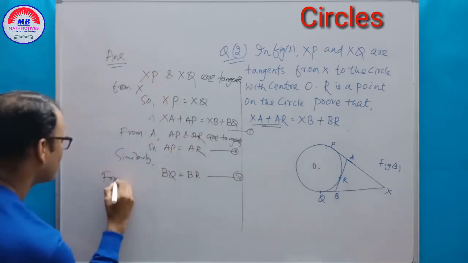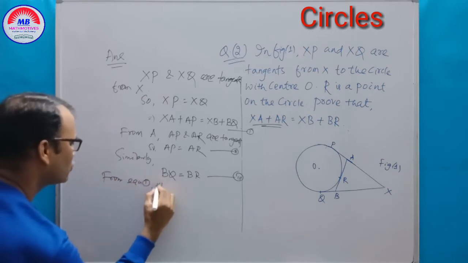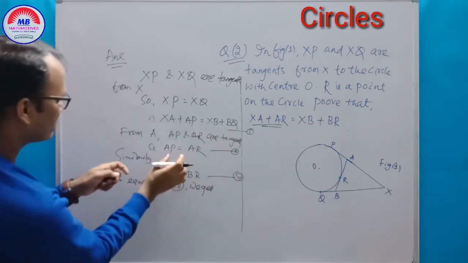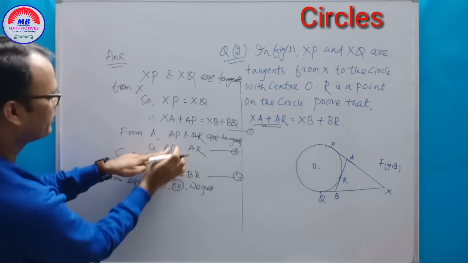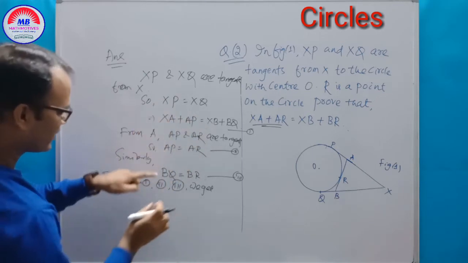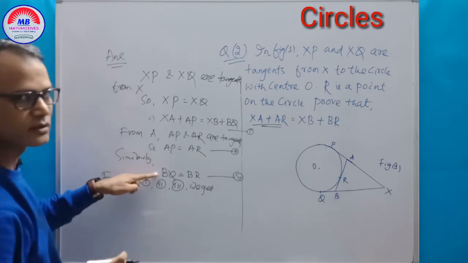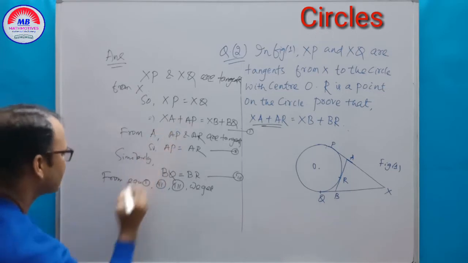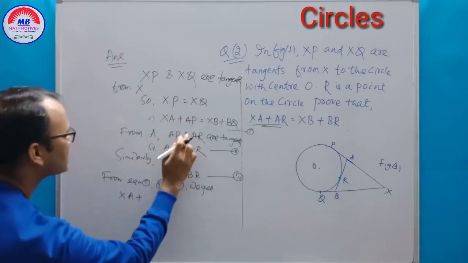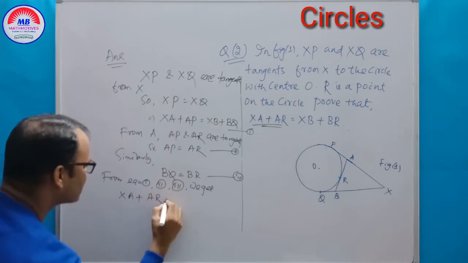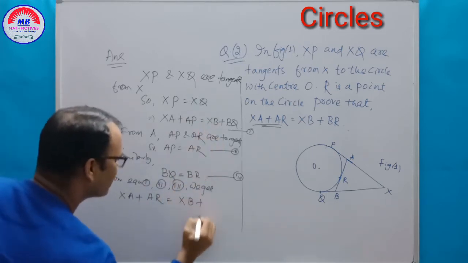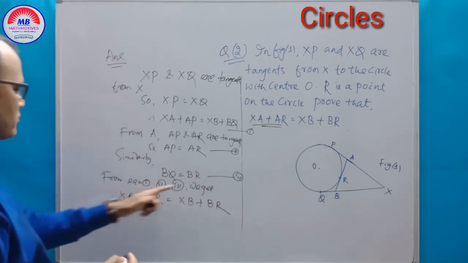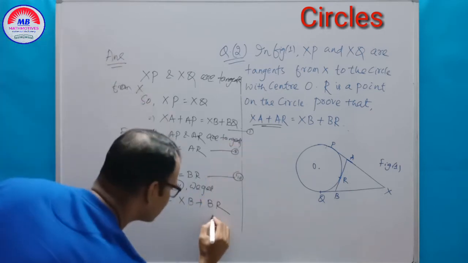From equations 1, 2 and 3 we get, if we put the value of AP in equation 1 and the value of BQ from 3 in equation 1, then in place of AP we put AR, so XA plus AR is equal to XB plus, in place of BQ, BR.